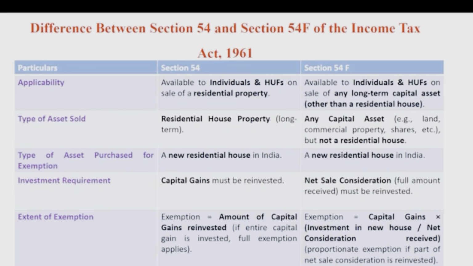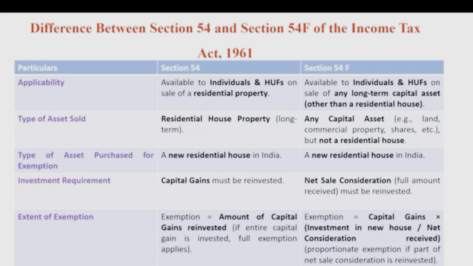Next, moving on to the number of houses owned. Under Section 54, there is no restriction on owning multiple houses before selling the old one. Whereas under Section 54F, the taxpayer should not own more than one residential house, other than the new one, at the time of sale.